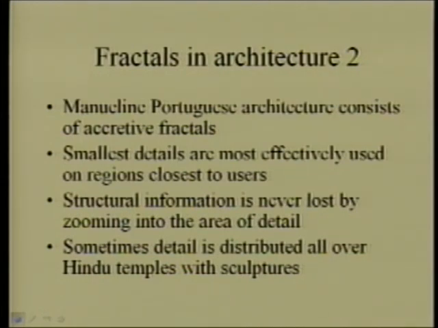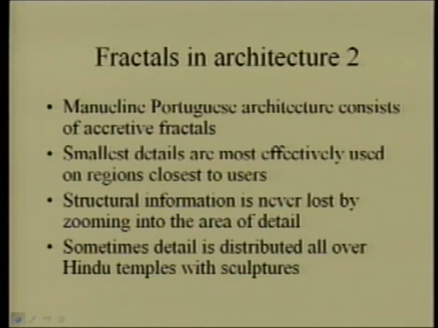When you use accretive fractals, you are intelligent about it. So you find them used in regions that are closest to the users. Suppose you are doing stone sculptures like the Mosteiro dos Jerónimos in Lisbon. Well, they take years to do.